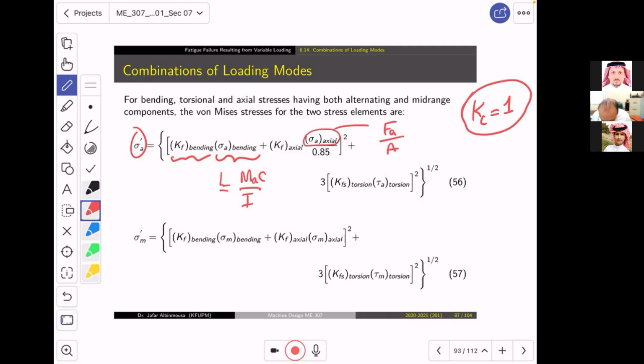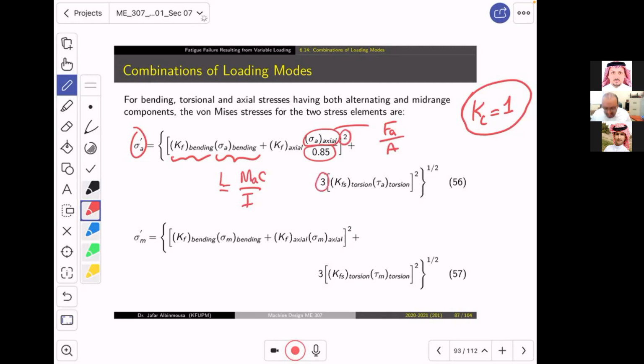Now look, we are dividing it by 0.85. That 0.85 is the factor we use to adjust for axial loading, and it is embedded here. That's why we are fixing it right here. Understand? Square, that's a square.